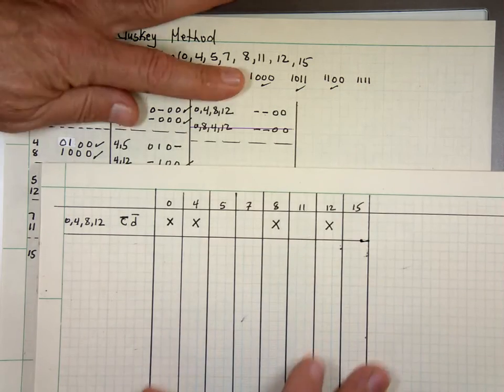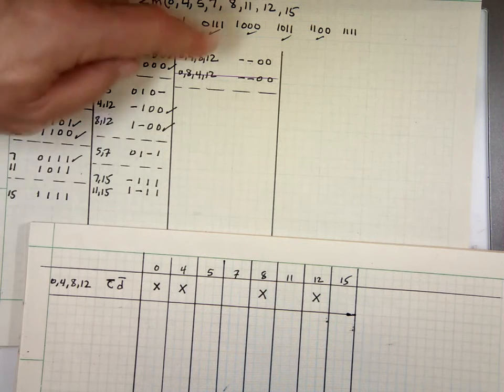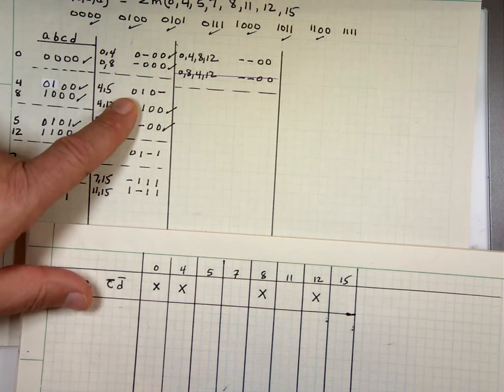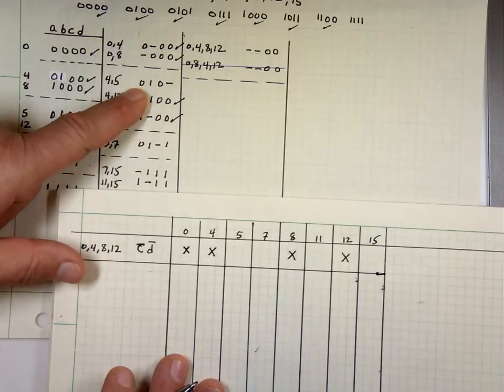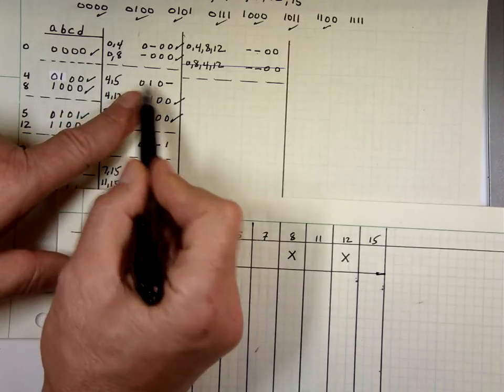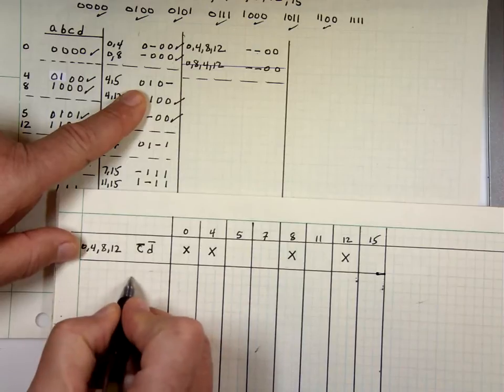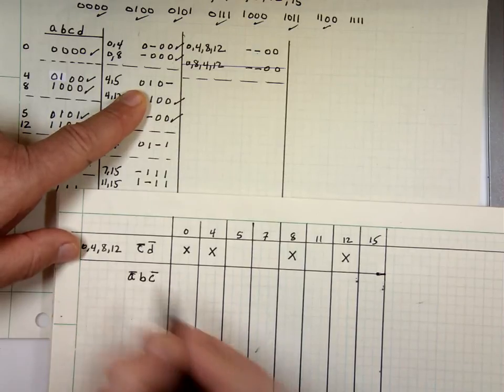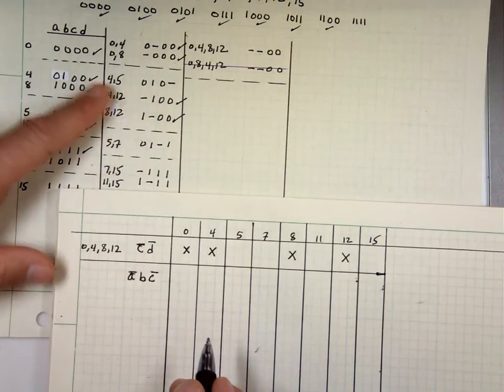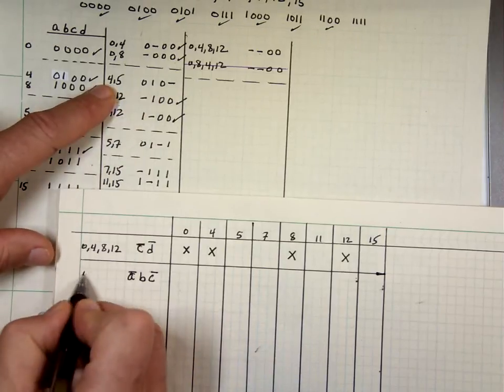Which one does not have a check mark next to it? All the check marks, that means I use them right here. So I see this one. See this one here? This is A naught, B, C naught. That covers what? 4 and 5.